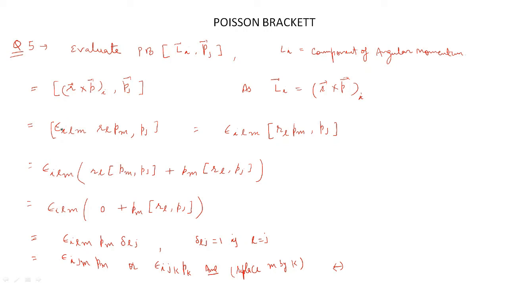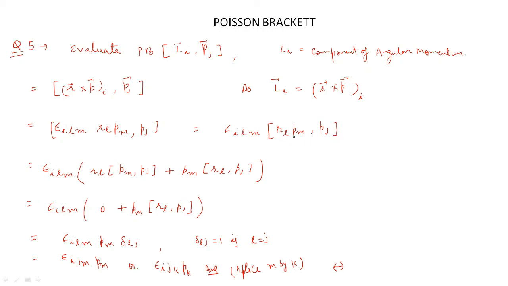So it will be written as epsilon_ilm {R_l P_m, P_j}, because epsilon_ilm is a constant and can be taken out.